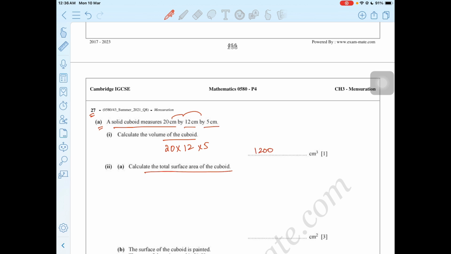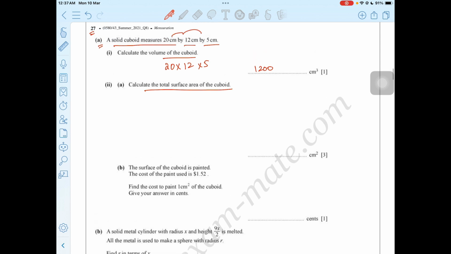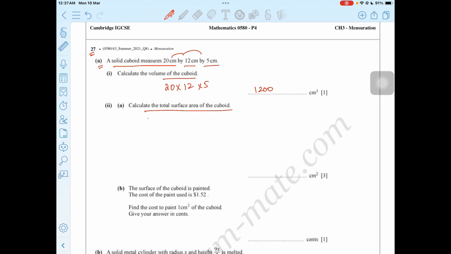Now we have to calculate the total surface area of the cuboid. For the total surface area, there is a formula, that is 2 multiplied by L multiplied by W plus 2 multiplied by L multiplied by height plus 2 multiplied by width multiplied by height. Okay, so we have 20 by 12, then we have 20 by 5, then we have 12 by 5, right?